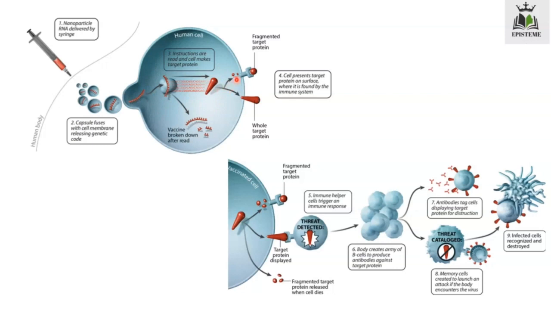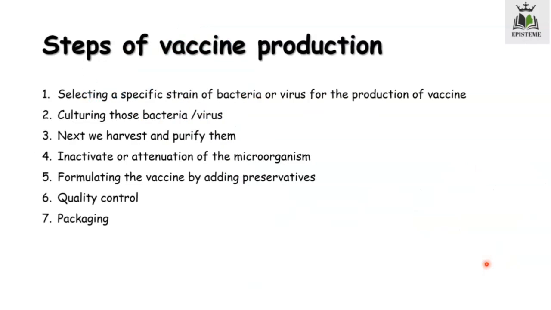Now these viral proteins are presented by the cell, and these antigens will be detected by the T helper cells, which will release the cytokines, and then the B cells will produce the antibodies, and memory cells are also created, so that when the body faces the attack of the real virus, they can recognize it and destroy it.